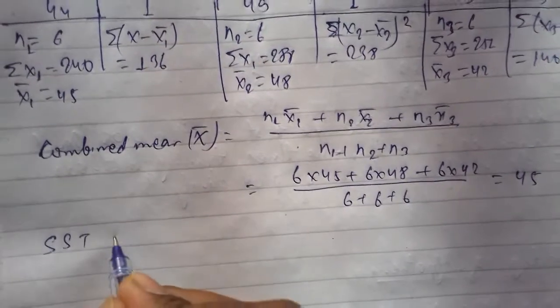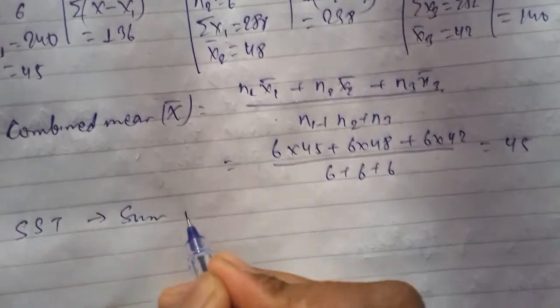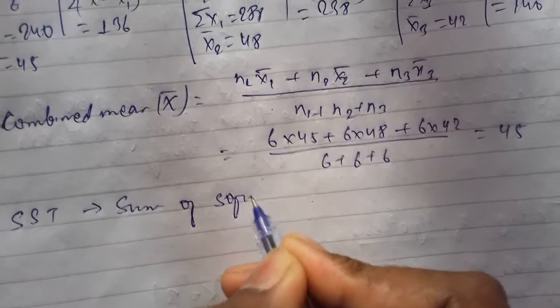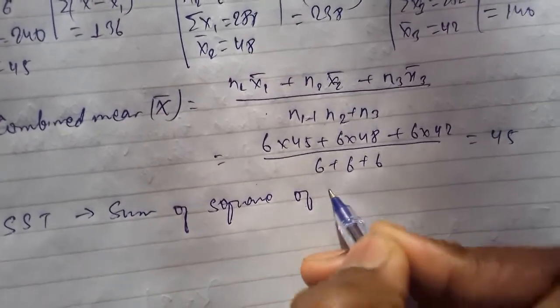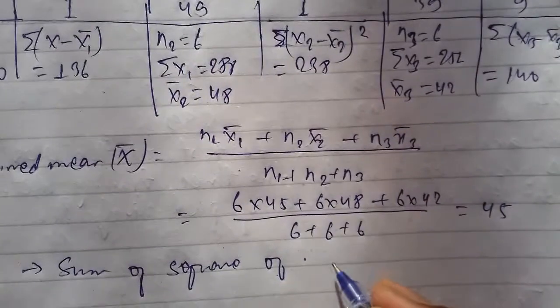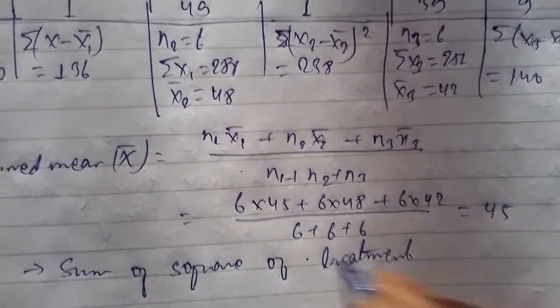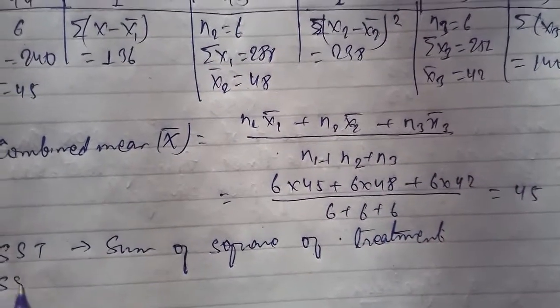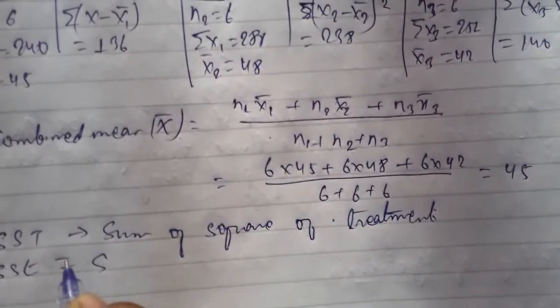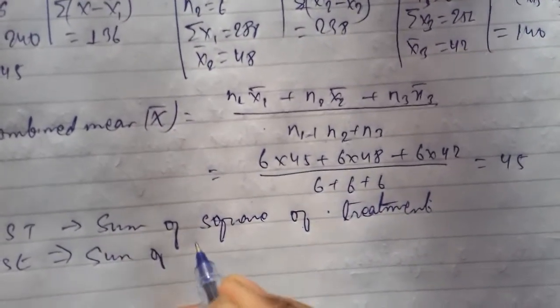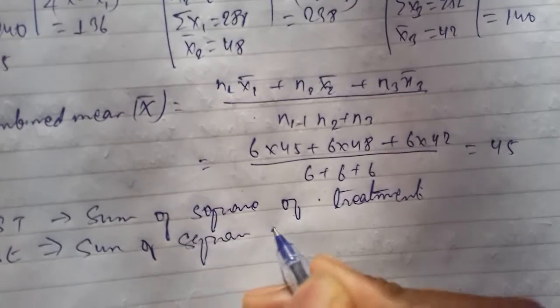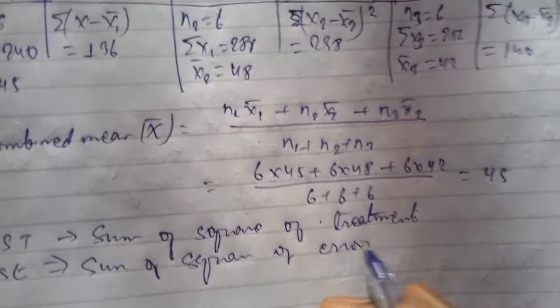Now we have to calculate the SST, that is the sum of squares of treatment, and SSE, that is the sum of squares of errors.